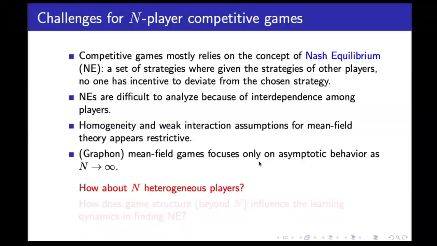You assume that there are many players, n goes to infinity, and now you will have a mean field approximation. There are also some recent works on graphon games, but more or less they focus on the asymptotic behavior when n is quite large.